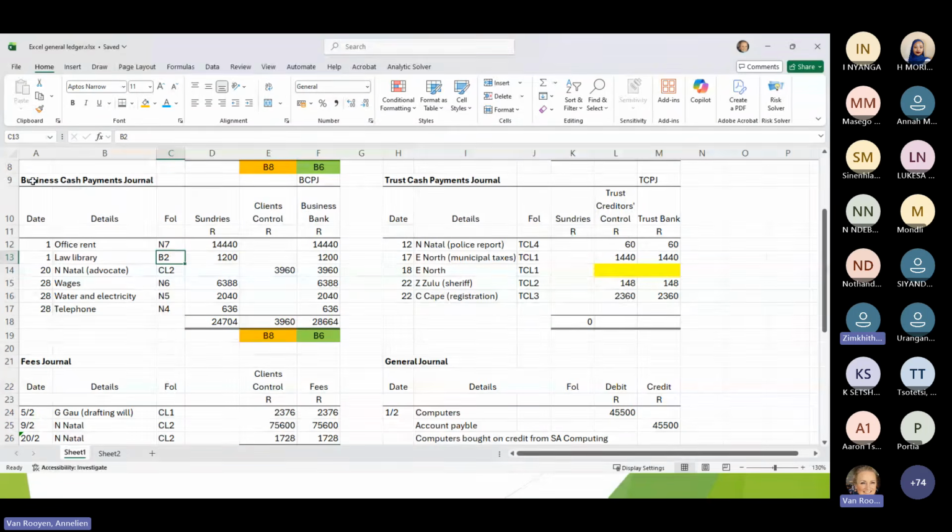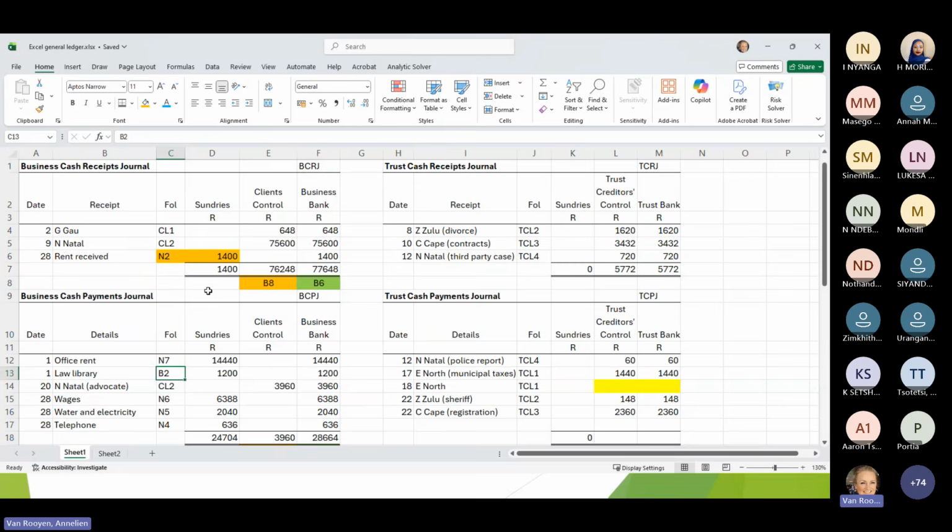Remember, you will have a question, and we will ask you for the cash payments journal, the fees journal, the trust cash payments, etc., etc. You will have to complete this and this. You must know the headings.